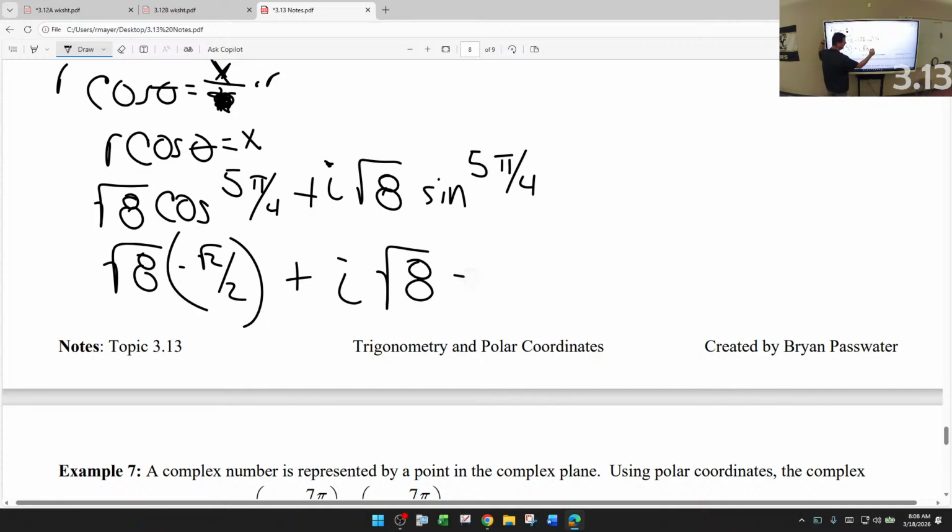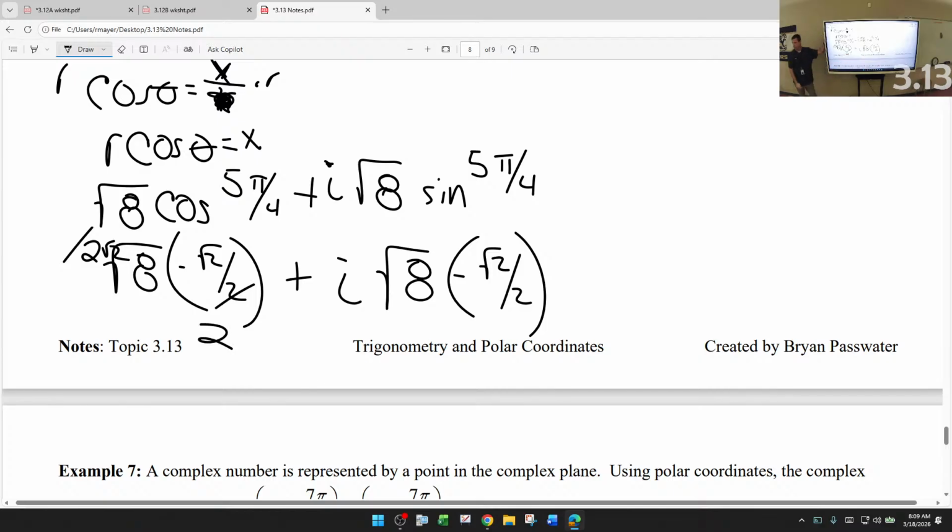Sine is negative root 2 over 2. Root 8 is 2 root 2. And if this is 2 root 2, and root 2 times root 2 is root 4, which is 2. It simplifies to 2.